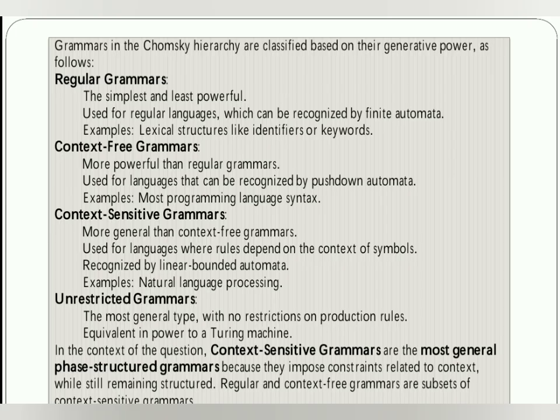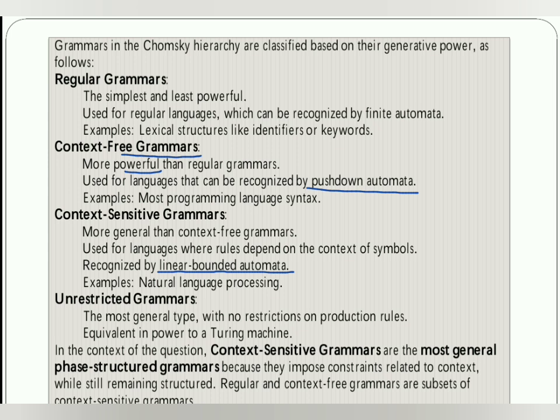So here are the different types of grammar. Regular grammar is for finite automata, which is least powerful. Context-free grammar is more powerful than the regular grammars, and it is used by the push-down automata. Context-sensitive grammars are more powerful than the context-free grammar and used in the linear bounded automata.